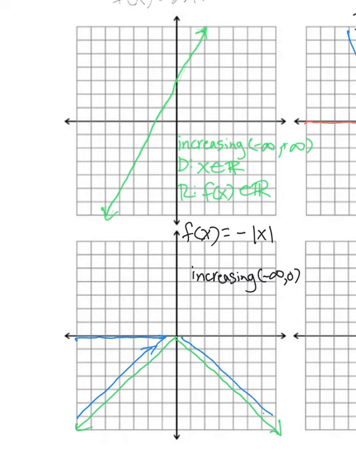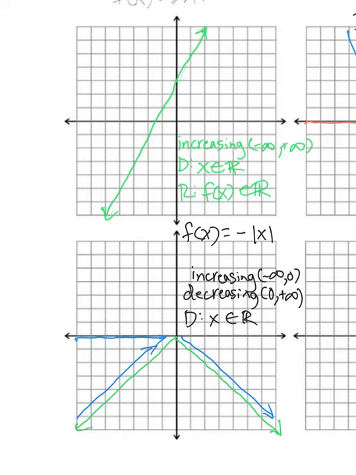So it is decreasing from 0 to positive infinity. Sorry for that. Next, our domain. Our x can be anything, so domain once again is all real numbers.